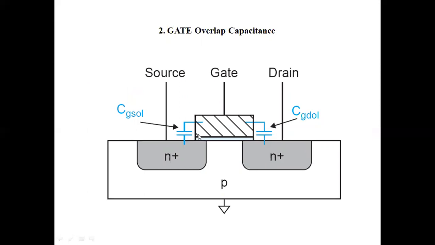This overlapping capacitance is called CGS overlap, meaning the overlap between the gate and source gives this capacitance, and the overlap between the gate and drain gives the second capacitance, called CGD overlap. So two overlap capacitances, CGS overlap and CGD overlap, are present.